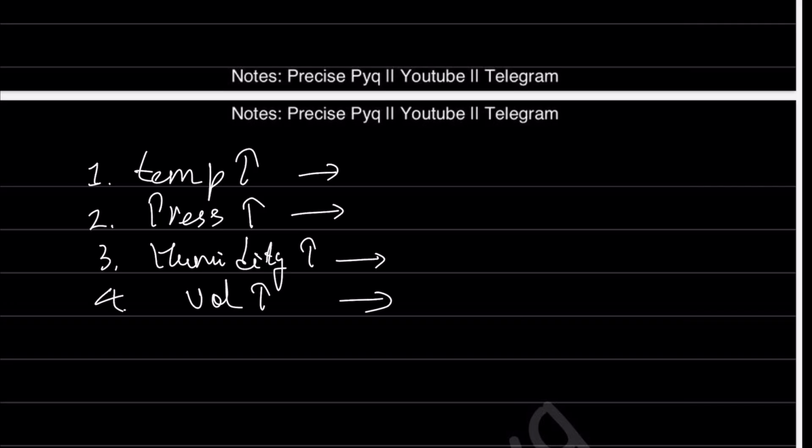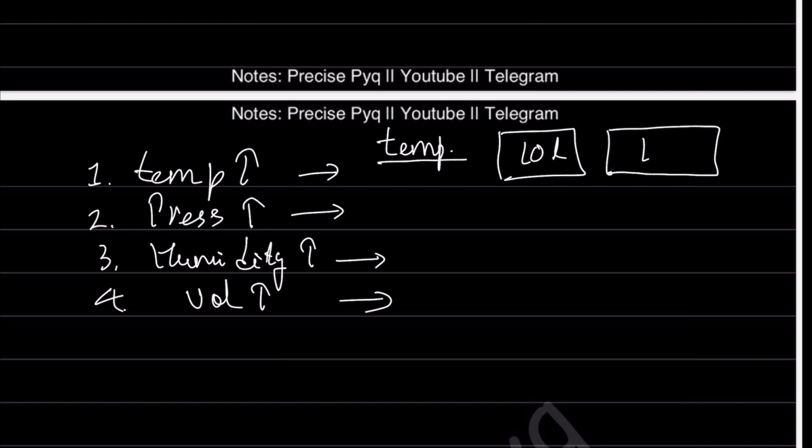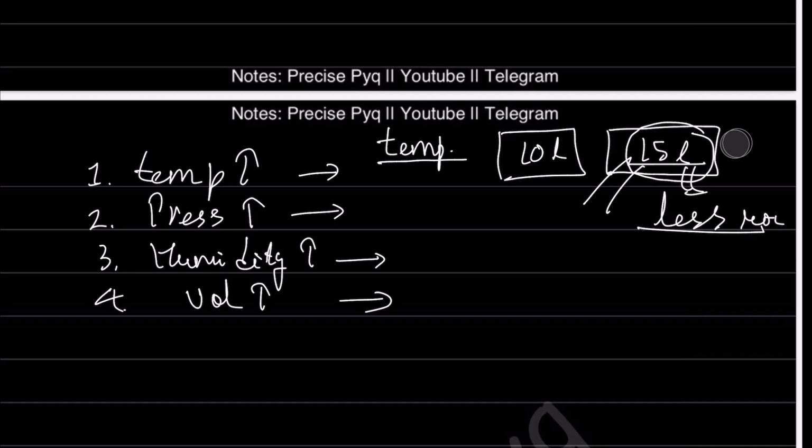So let's see when temperature is increasing. The air parcel containing 10 liters will now expand. It can contain 15 liters of liquid. What does this mean? Now the carrying capacity of the air parcel is more, hence less rainfall. Because to reach the limit of 15 liters, more water has to be added, hence condensation will come down.